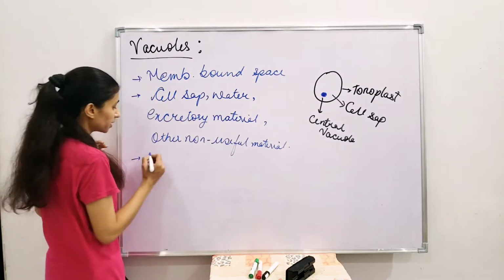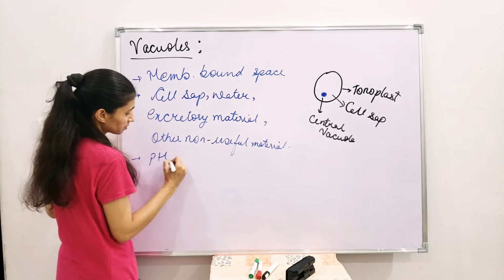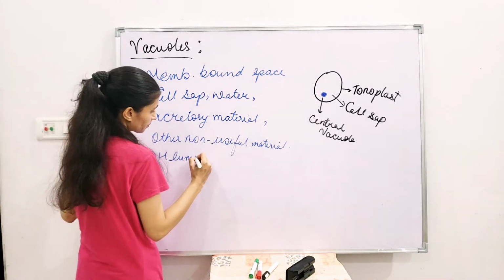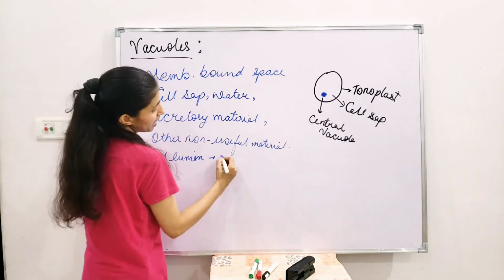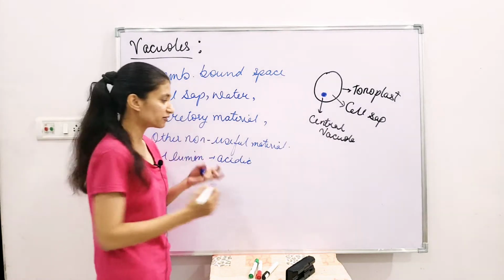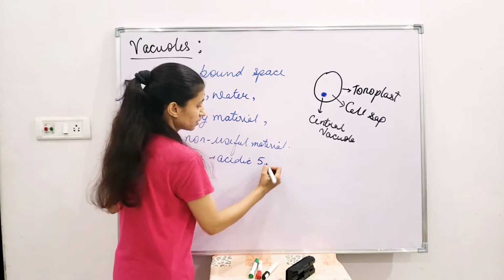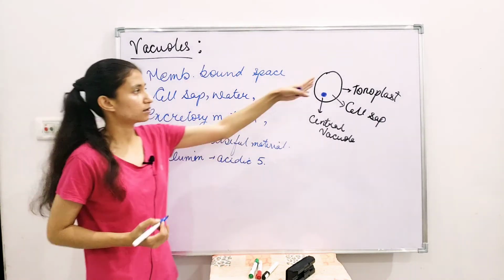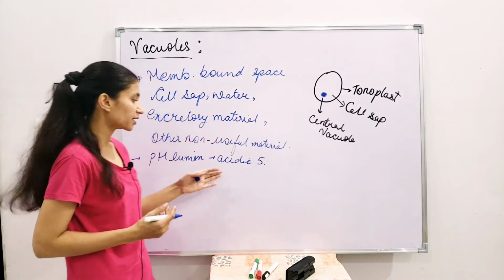Now if you talk about the lumen, the pH of the lumen is acidic, approximately the same as that of the lysosomes that we have studied, which is around 5.